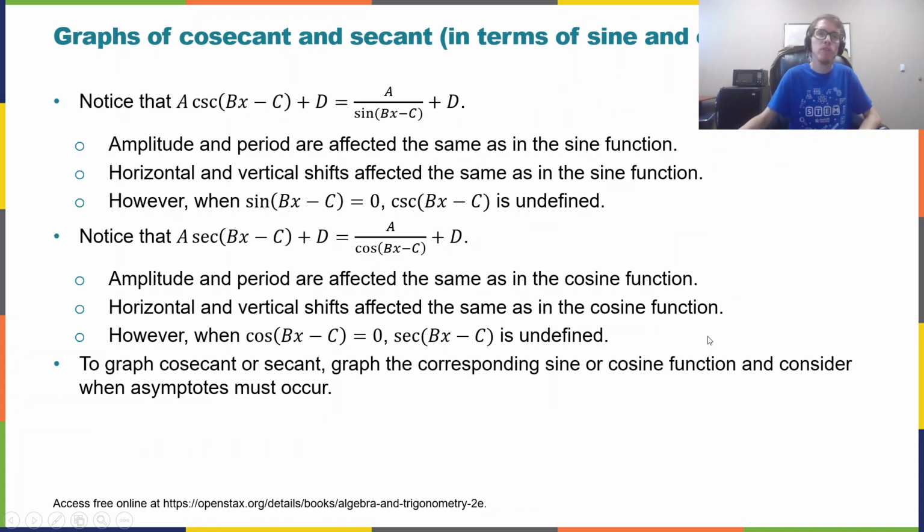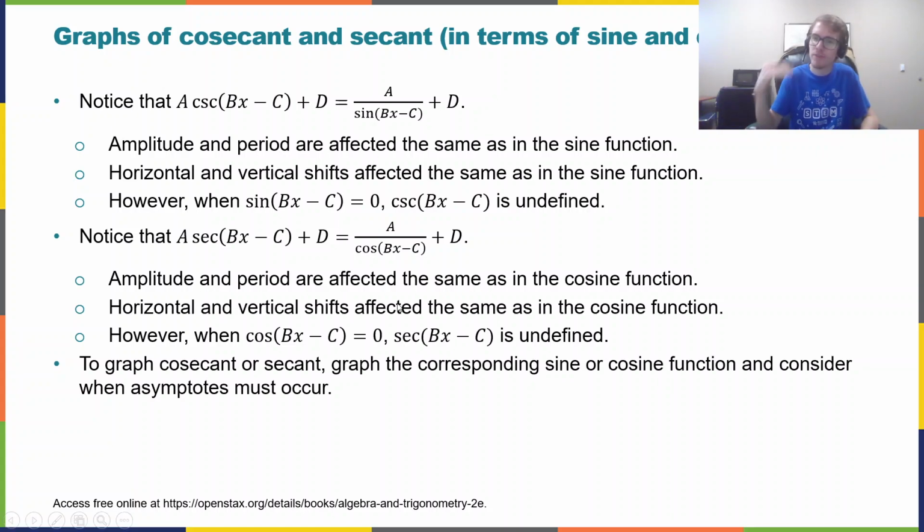All right, now moving on to cosecant and secant, the most useful thing we can do is think of cosecant as a reciprocal of a sine and secant as the reciprocal of a cosine. So if we convert these into a different form with sine and cosine, then amplitude and period are actually affected the same way as with the sine function or the cosine function.